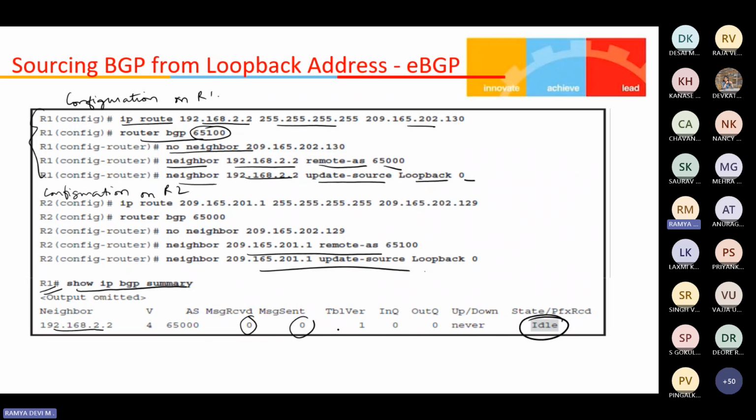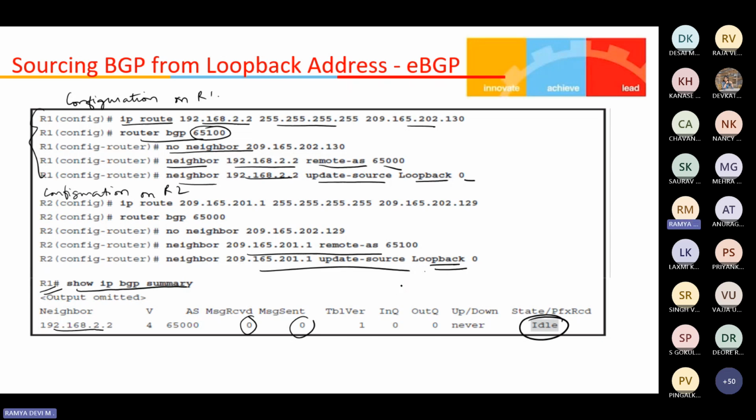What is the reason for the idle state in BGP with the loopback address? By default, eBGP accepts peers to be directly connected. So what will be the TTL value? That will be equal to 1, right? So when I'm sourcing from the loopback address, the packets may cross multiple hops, so obviously it will drop, because the TTL will be set to 1.